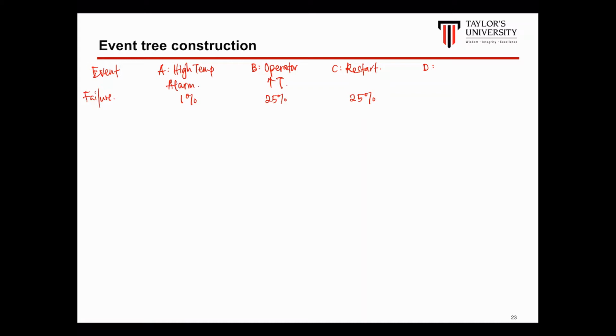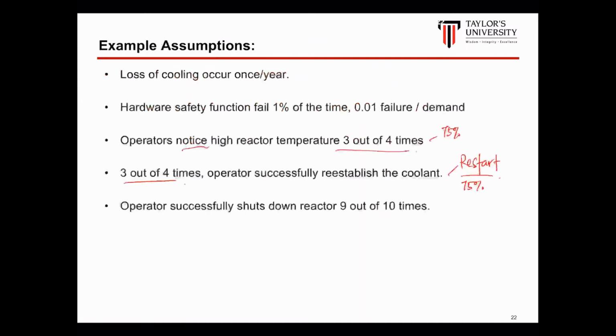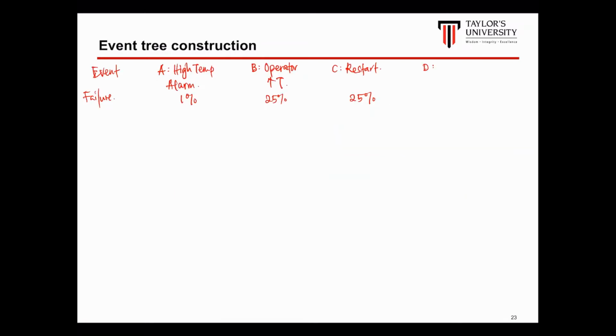But if we cannot restart, then operators will have to shut down the reactor. So shutdown is 90% of the time successful, and so it will be 10% failure.